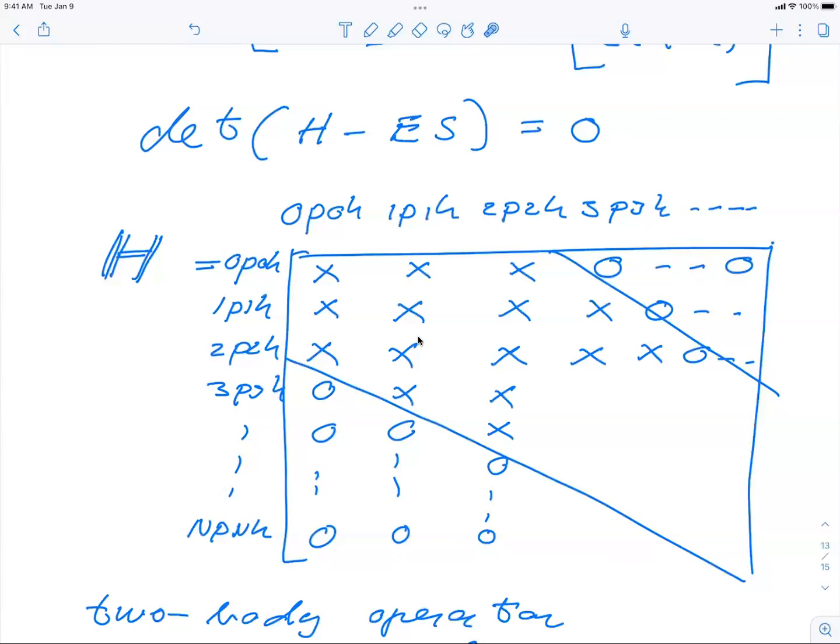All the other ones are non-zero. And the hope then is that the link between these ones and these and so on is much smaller, or that you can even ignore it. So you can interpret many of these methods as types of unitary transformations. That's another way to read different many-body methods.